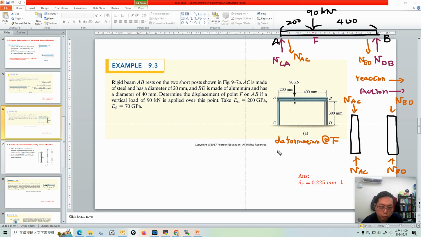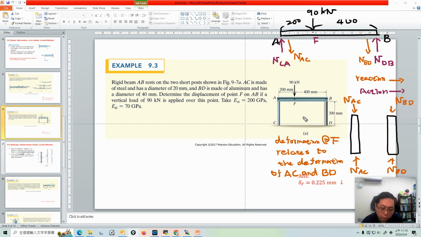The deformation at F relates to the deformation of AC and BD, because these three members are attached to each other. So the deformation of AC and BD must have something to do with the deformation at point F. That's the logic of this problem.